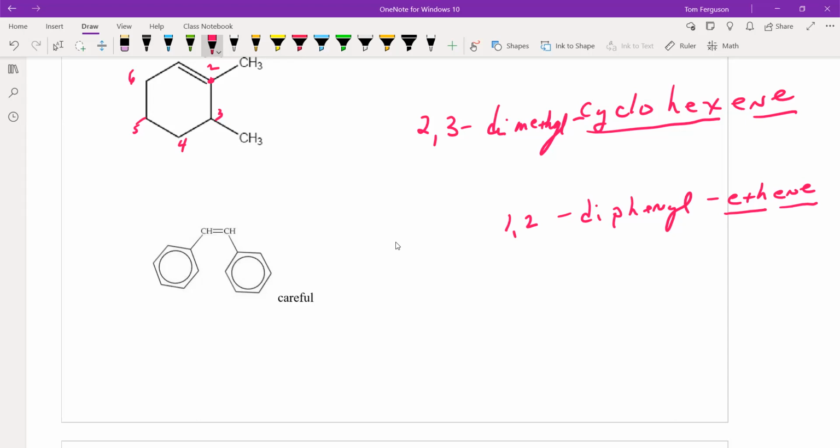No, because they're next to one another, as opposed to that. That would be the trans version.